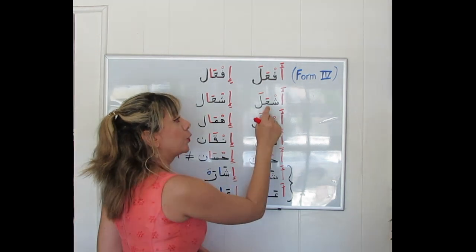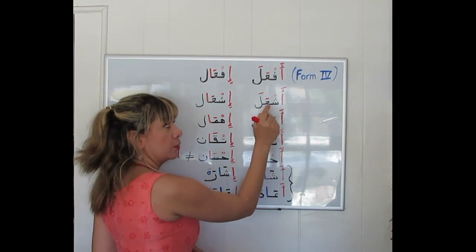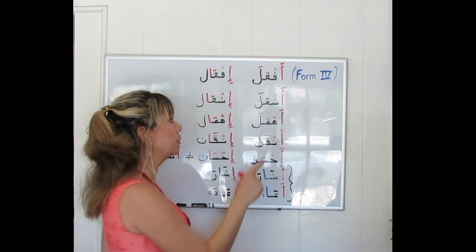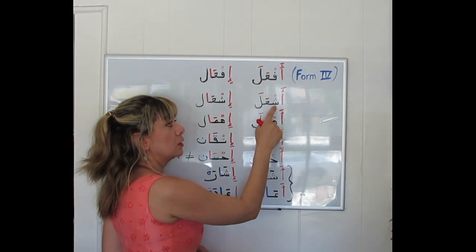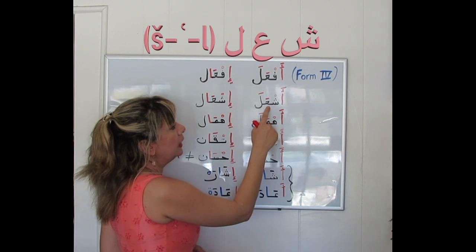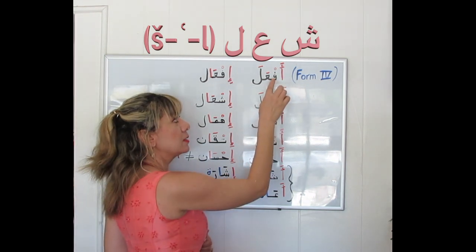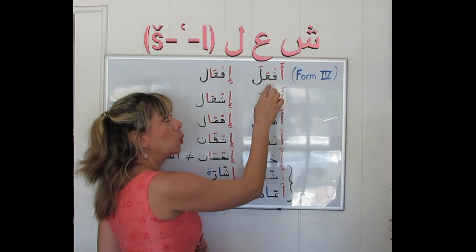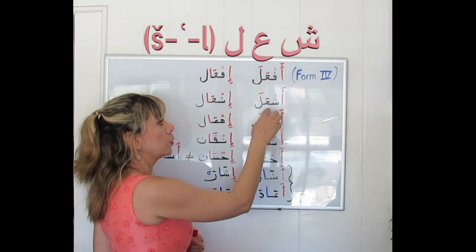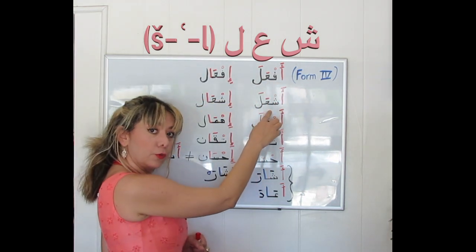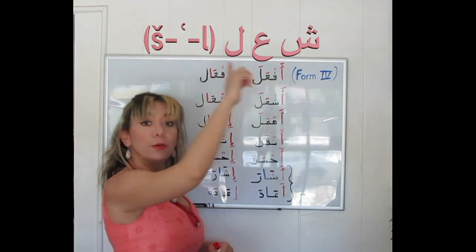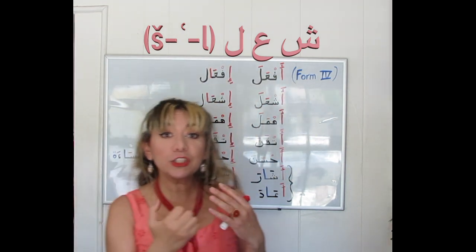So the root of this form 4 verb is shin, ain, lam. We had just to replace these placeholders with the root of this verb to have form 4 verb, ash'ala.